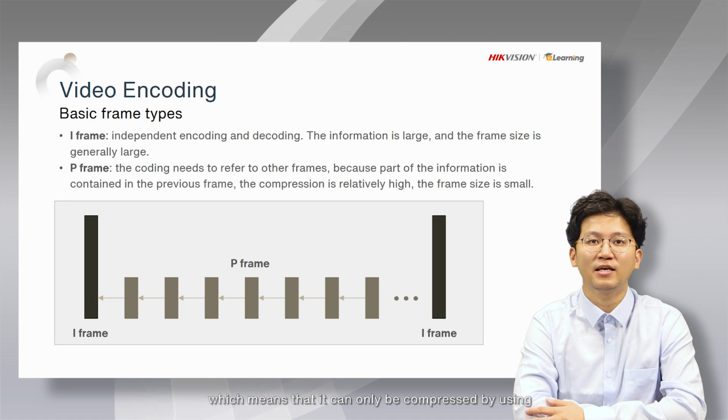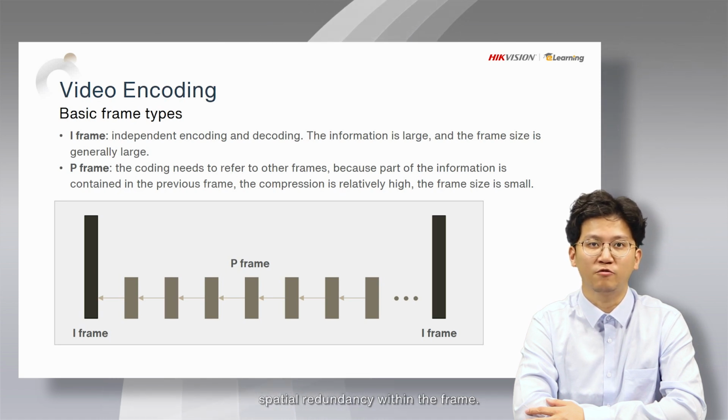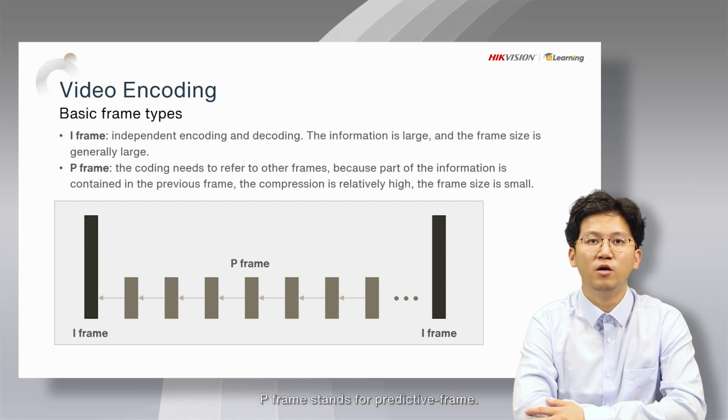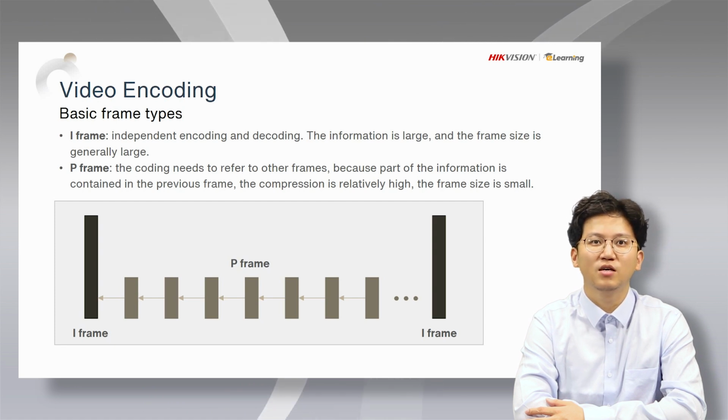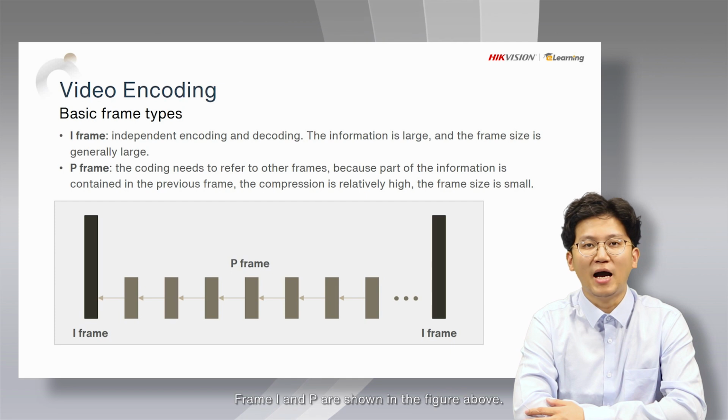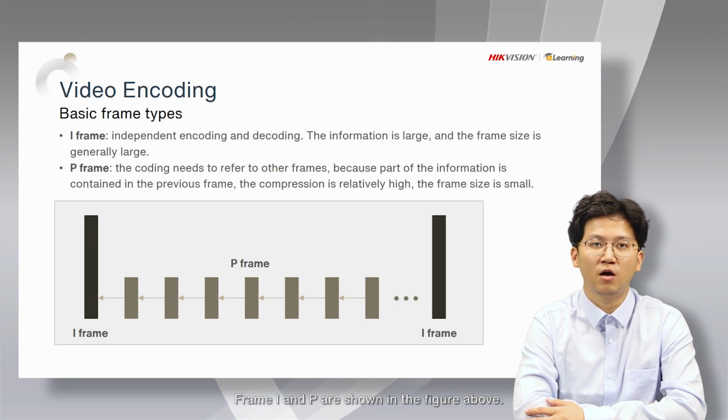Which means that it can only be compressed using spatial redundancy within the frame. P-frame stands for predictive frame. In addition to spatial prediction, it can also be compressed by time prediction. The P-frame is used for motion estimation by referring to the previous frame. Frame I and P are shown in the figure above.